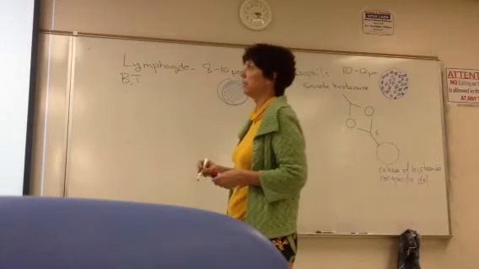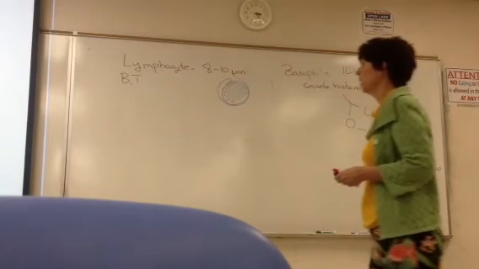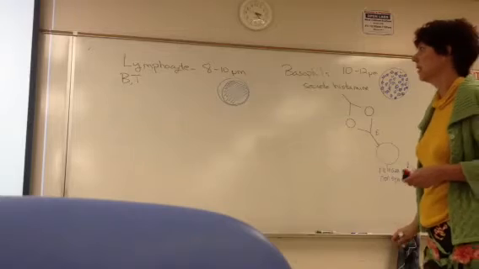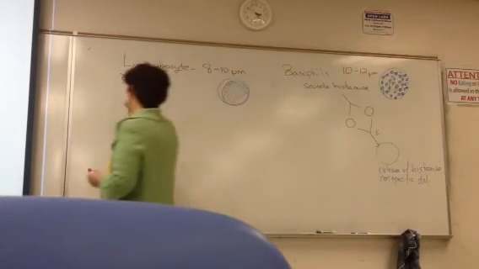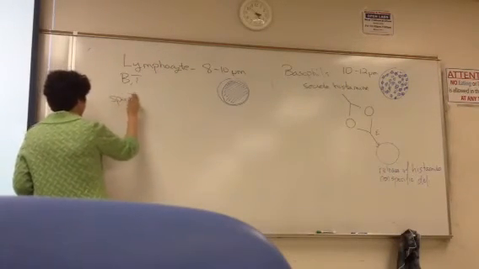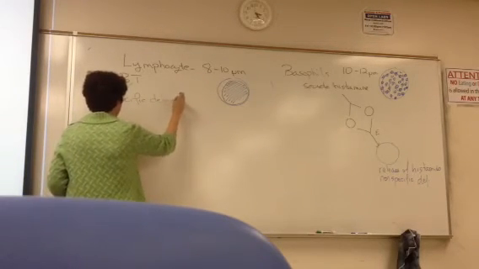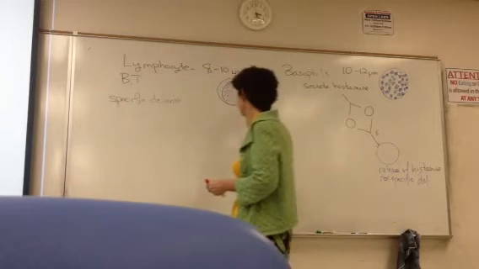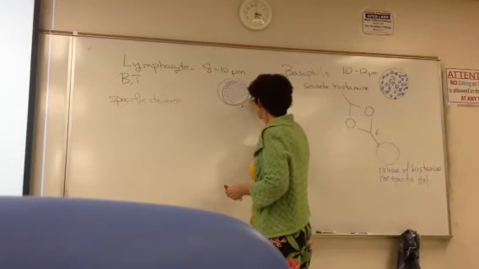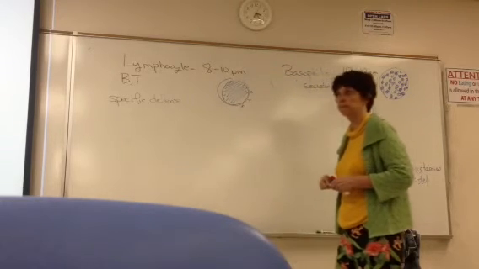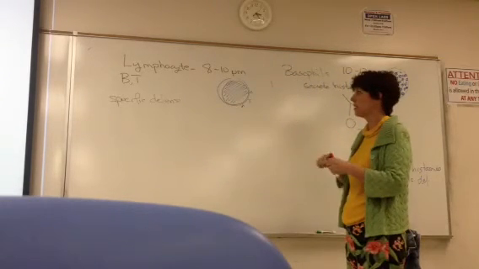And natural killer cells are a form of specialized T lymphocytes. So all I'm going to put here for function is specific defense. Meaning they have receptors on their surface that will recognize molecules as being foreign and then respond to that.